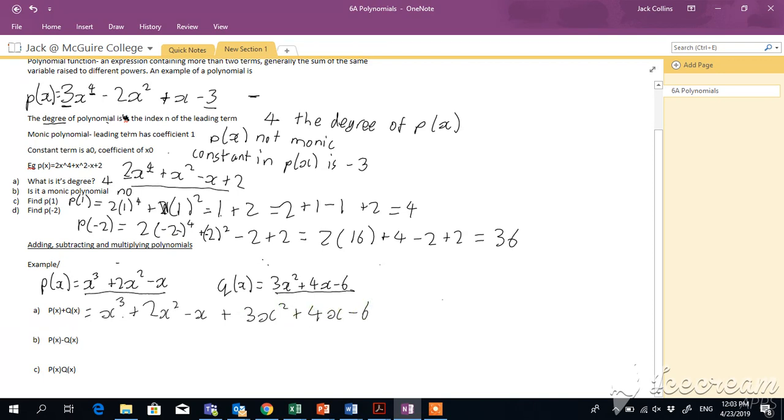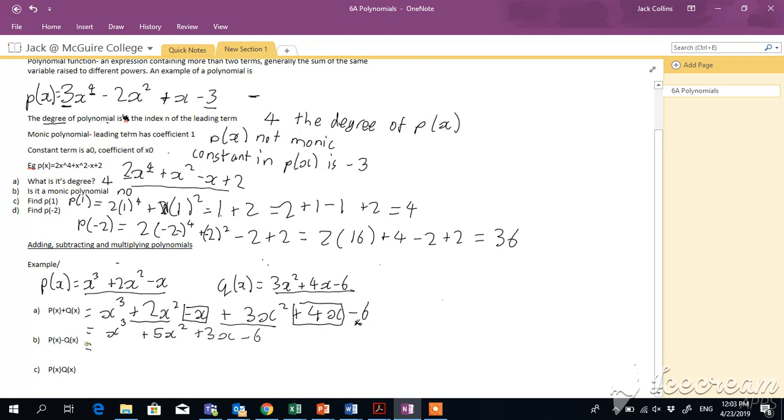Then it's just a matter of gathering like terms. x cubed stays the same because there's only one x cubed term, 2x squared plus 3x squared is plus 5x squared, minus x plus 4x is plus 3x, and then you've got your constant term here of minus 6, no one to collect there, so that's the final answer.